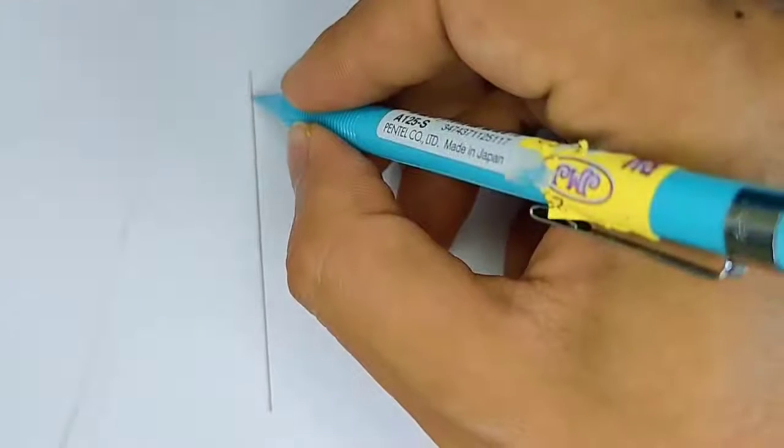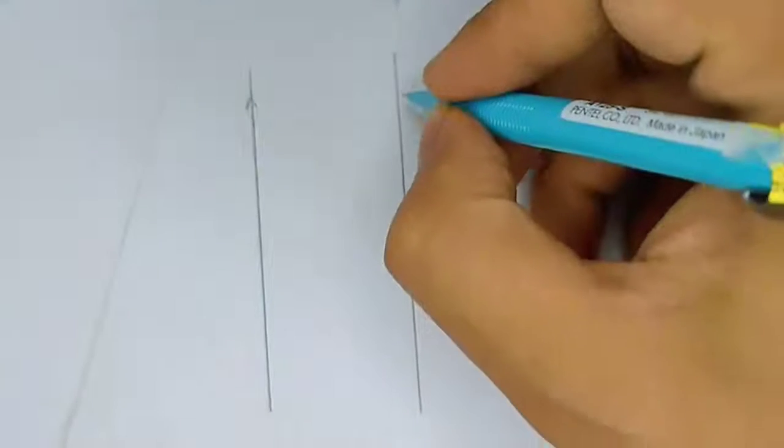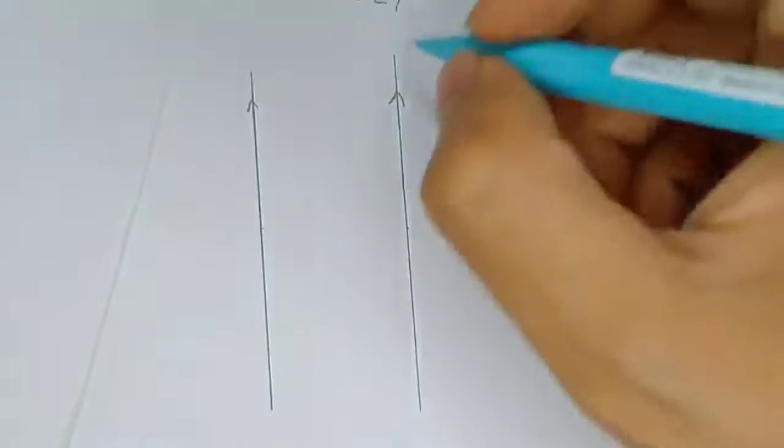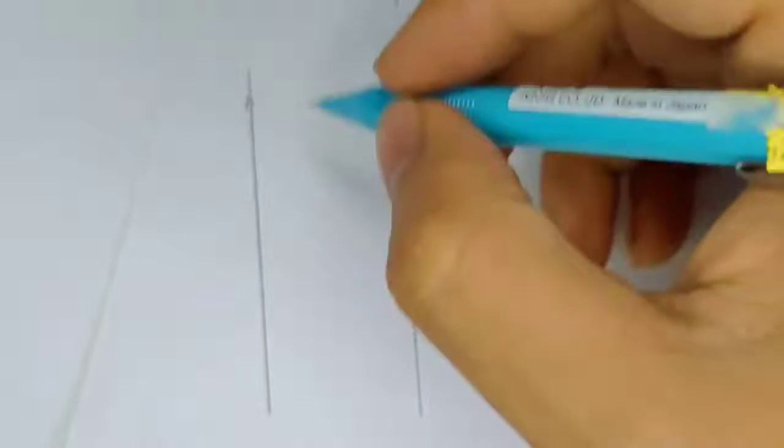So I'm going to add some symbol there to show to you that both of these lines are parallel. Okay, so how do we do this?